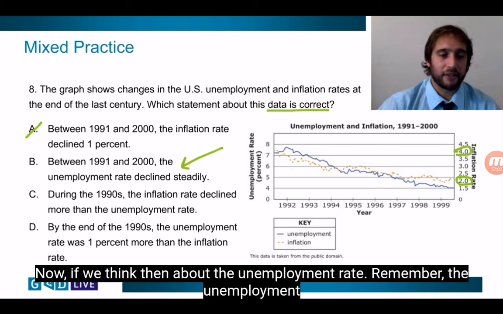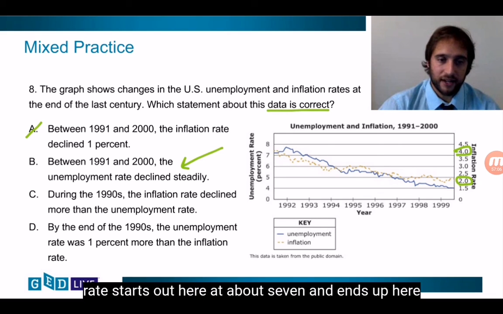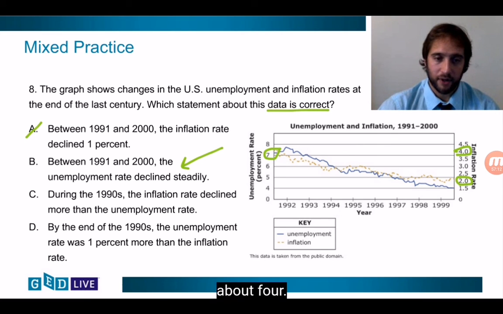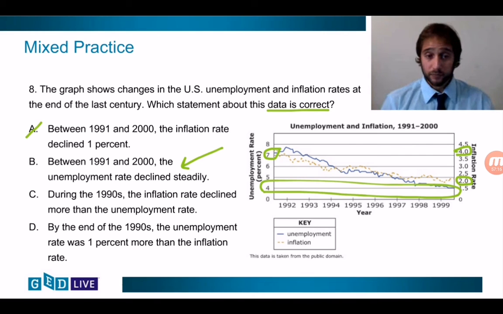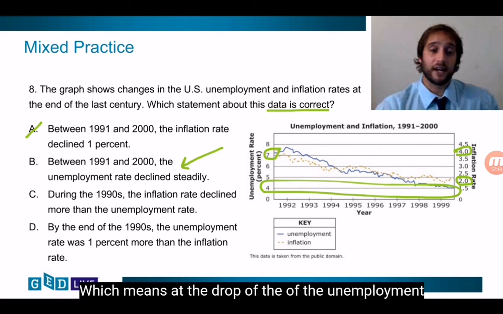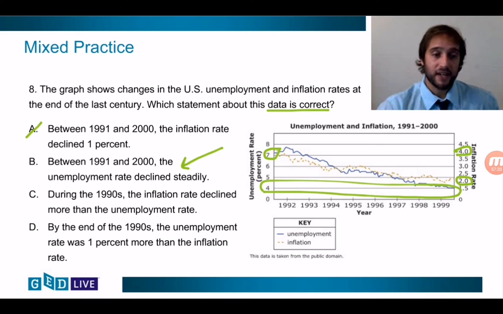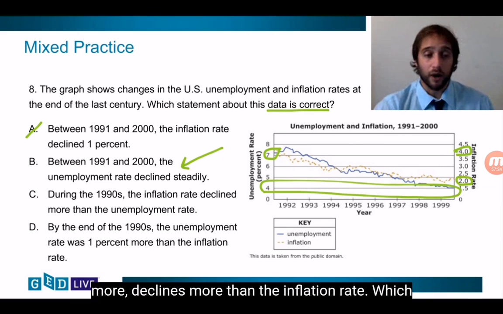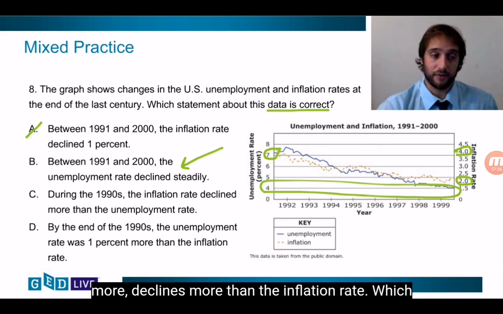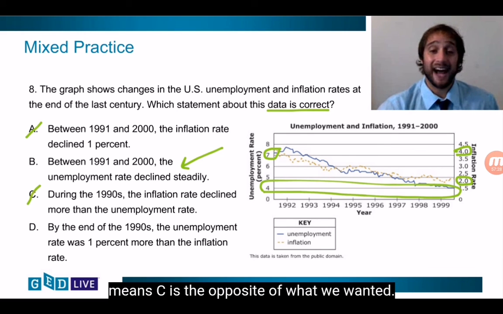Now, if we think about the unemployment rate, remember the unemployment rate starts out here at about 7 and ends up here about 4. So we see that drop is about 3, which means that the drop of the unemployment is bigger, right? The unemployment rate declines more than the inflation rate, which means C is the opposite of what we want.